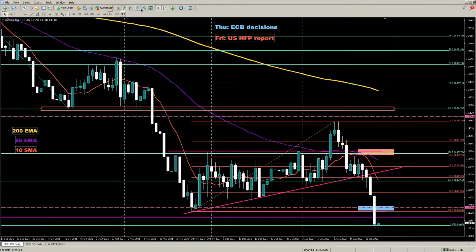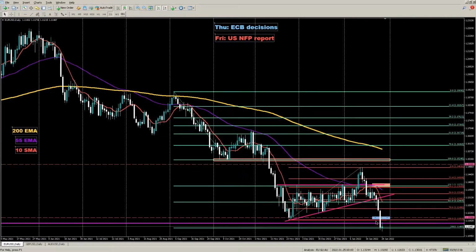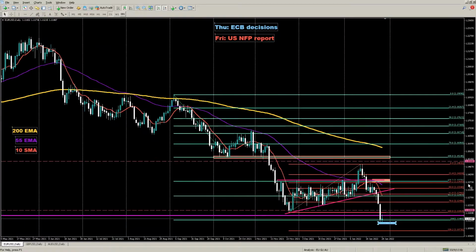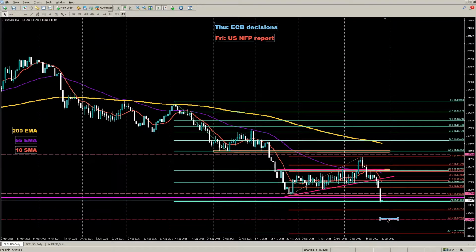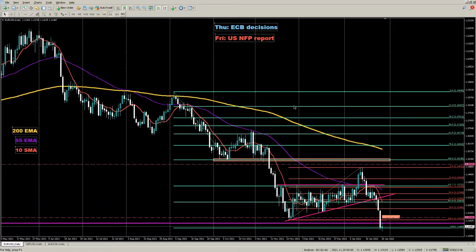So let's move this support level now. This is now going to be resistance. Let's move this down here to the 110 as support. And this resistance up here, let's move it down to this level here as resistance, and we'll see if price climbs back up to retest this, and if it's able to break back higher.